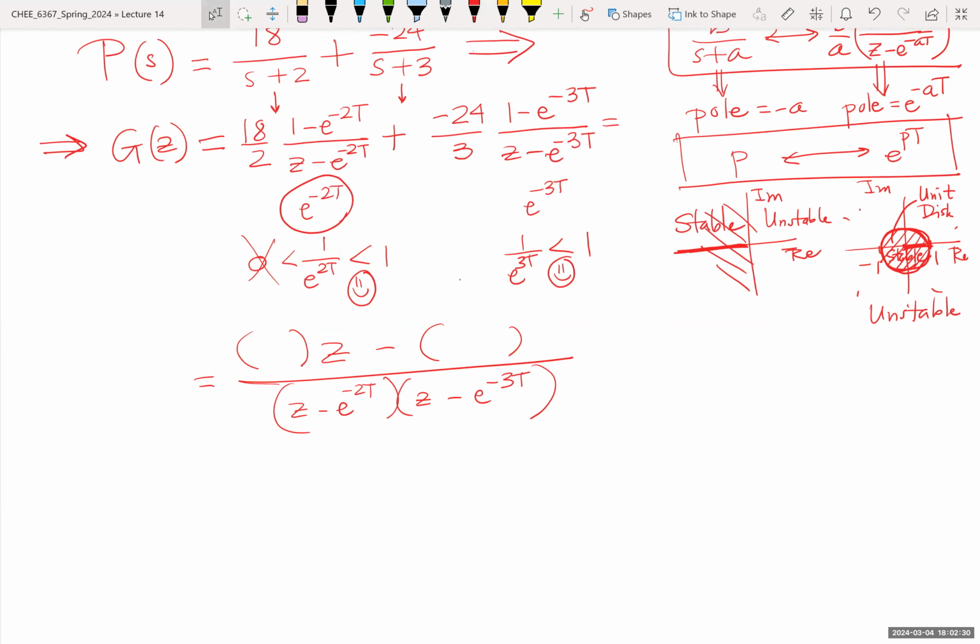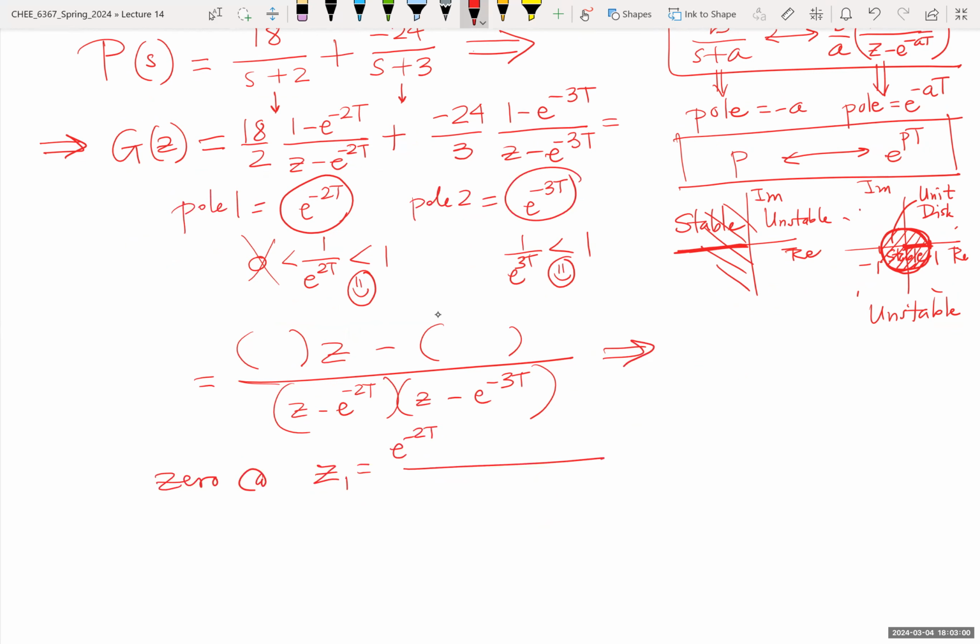The interesting part now is that this system here has a zero. The poles we already wrote where they are. So pole 1 is this. Pole 2 is equal to that. But the zero is at the point z1 equal to e to the negative 2t plus e to the negative t minus 8, over e to the t minus 8.